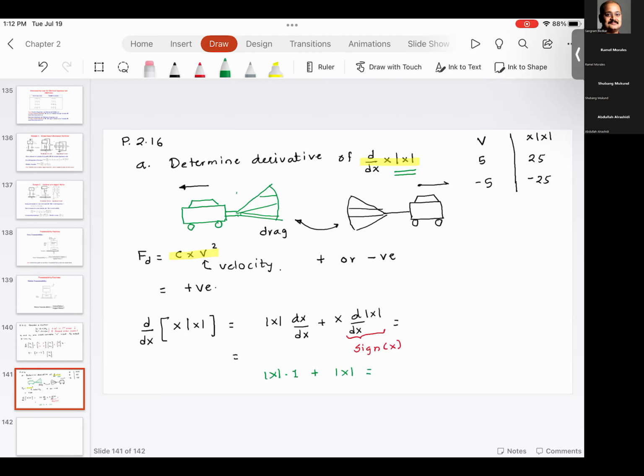So this answer is 2 times norm of x. If you take the derivative, this is what you get. So remember this, we will use this while solving the problems.